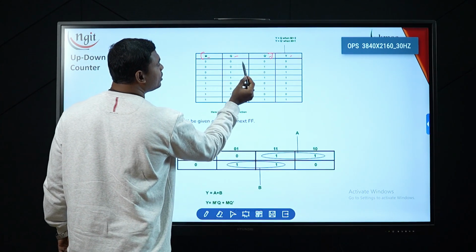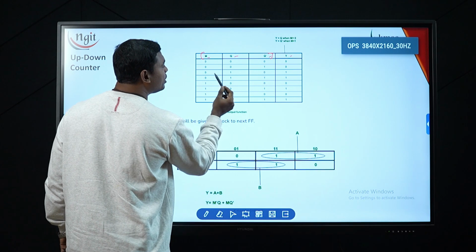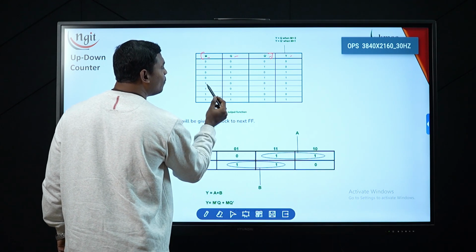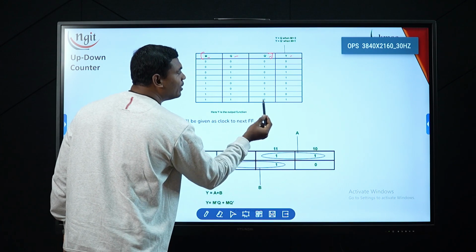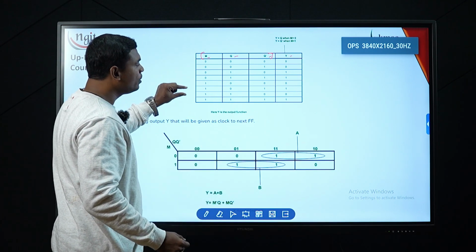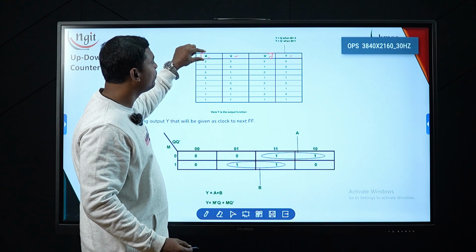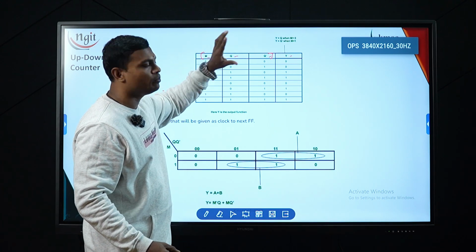So 0 0 0, 0 0 1, 0 1 0, 0 1 1, 1 0 0, 1 0 1, 1 1 0 and 1 1 1. So 0 to 7, all the combinations I have written for my 3 input values M, Q and Q bar.